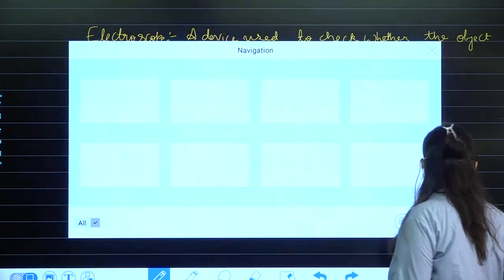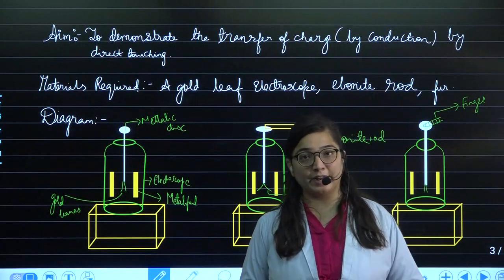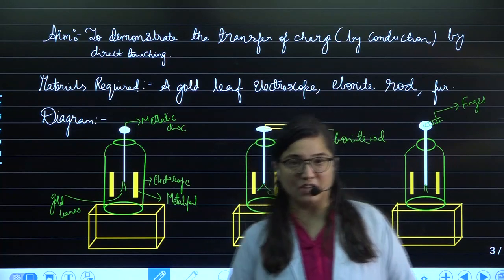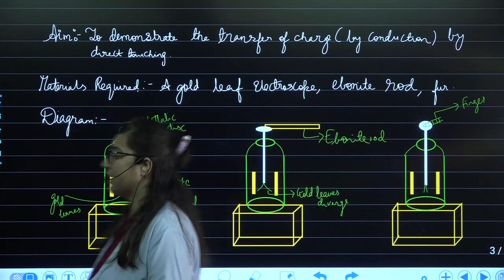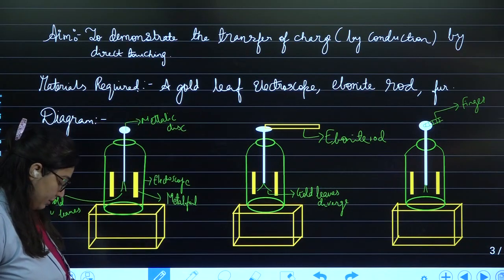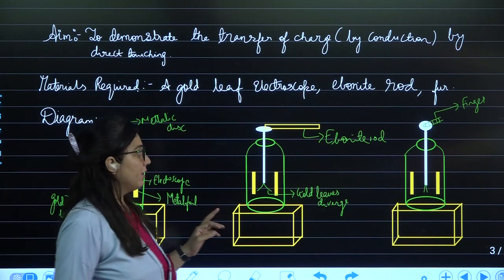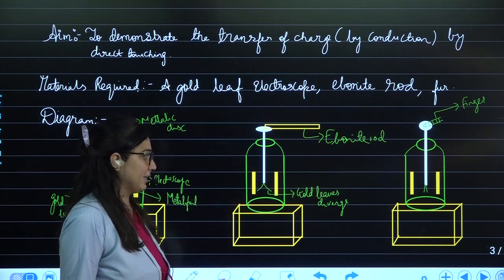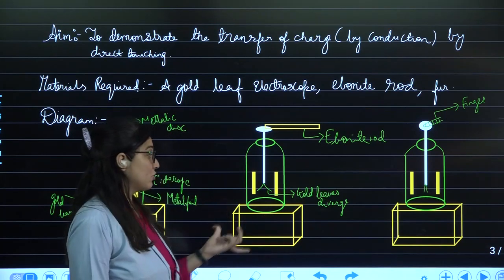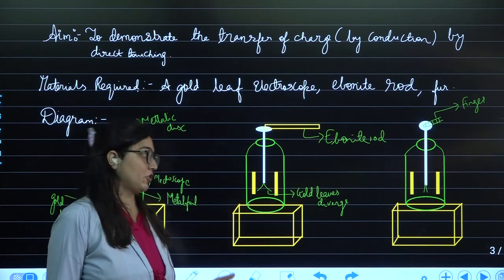Now, next part. This is our main thing, the diagrams explaining how the leaves got charged and discharged. In the beginning, the golden leaves are at the normal position, which shows that they don't have any kind of charge. When the ebonite rod rubbed with fur is brought near the metallic disc, the gold leaves will diverge, because they get charged.